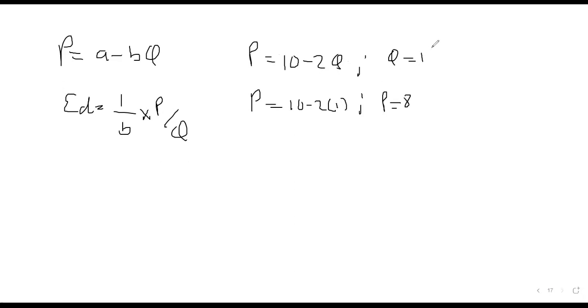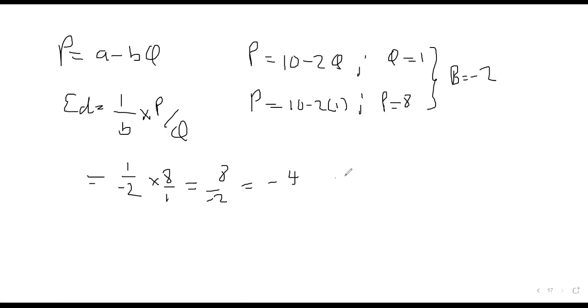Our B is already our slope here, which is -2. So using this formula, the inverse demand will be 1 over -2. The price we calculated is what? 8. The quantity we're given is 1. So here we're going to have 8 over -2. Our answer is -4. So here, demand is elastic.